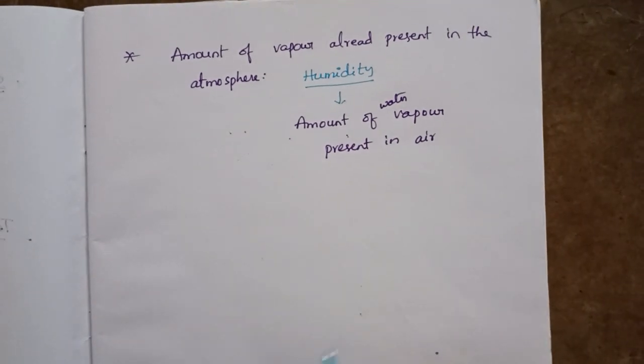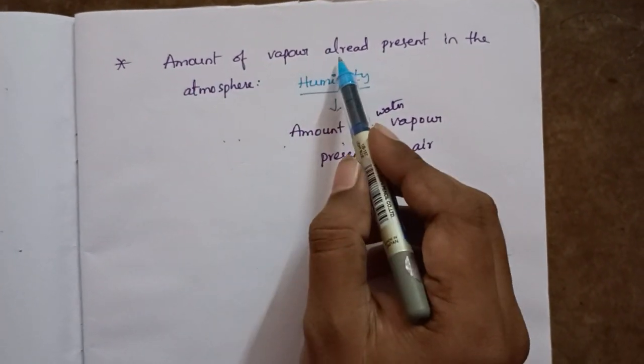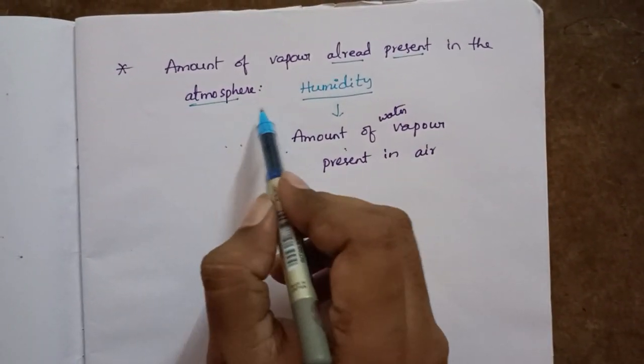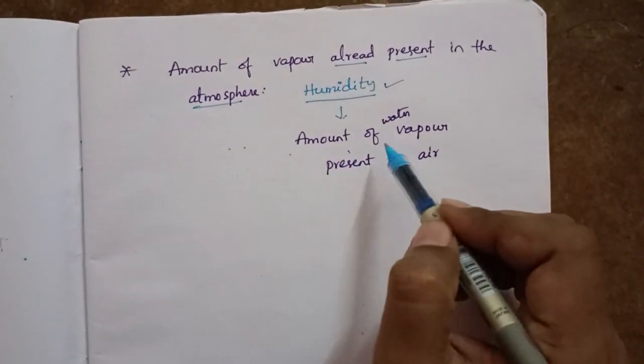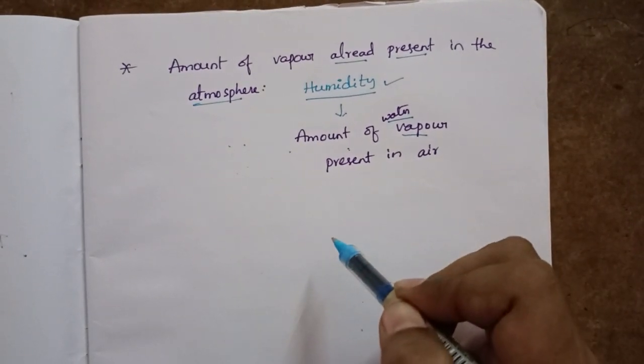Next, the rate of evaporation depends on the amount of vapor already present in the atmosphere. This we can say as humidity. Humidity means the amount of water vapor present in the air.